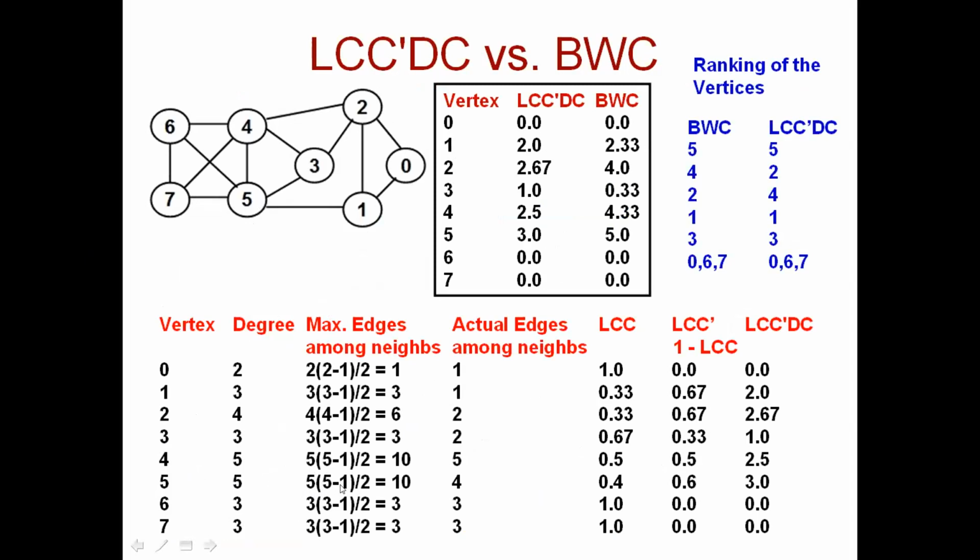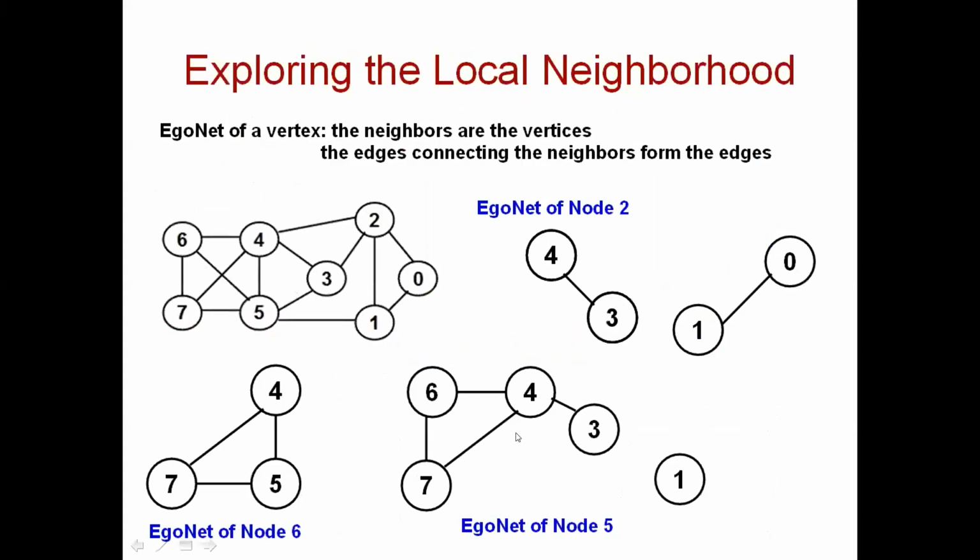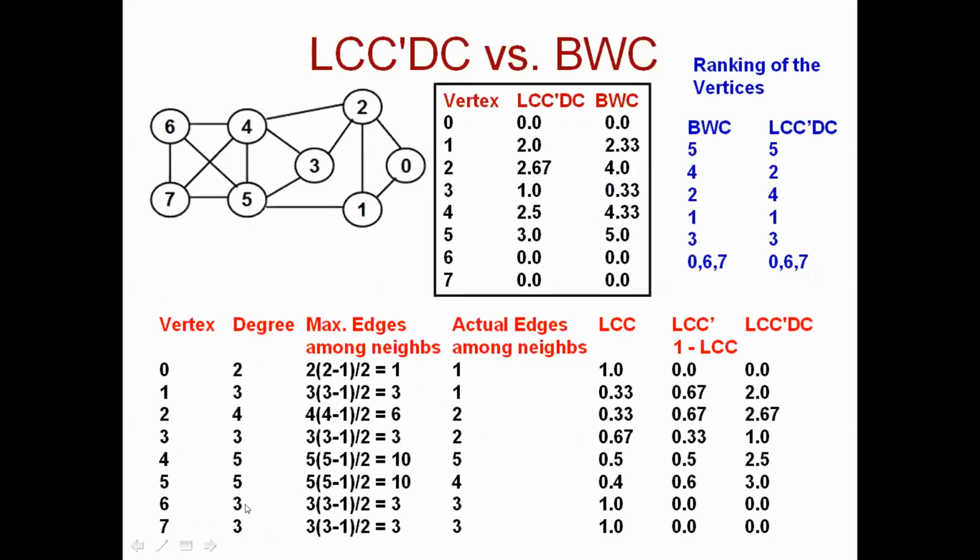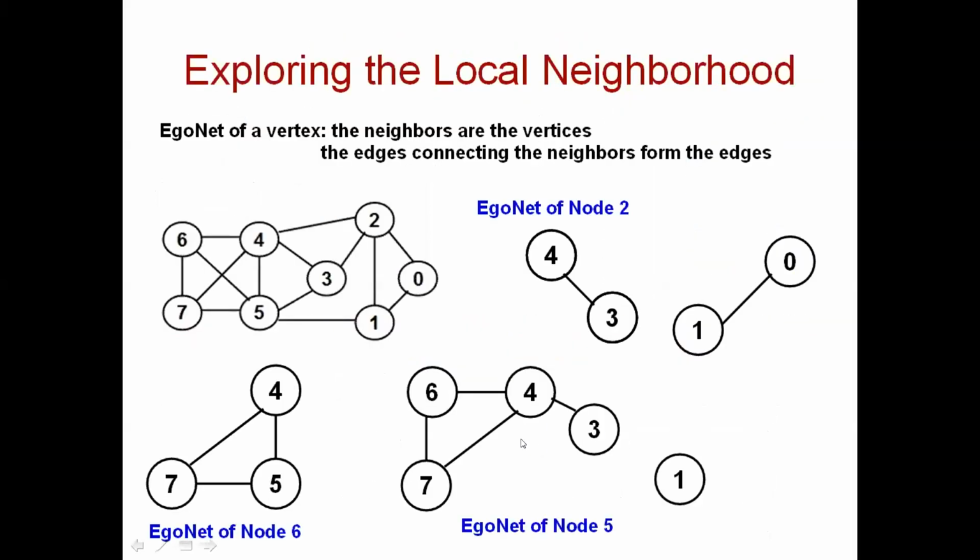So this is basically like if you have n vertices, the number of edges you need to connect the n vertices pairwise is n times n minus 1 over 2. But when we saw the ego net here for node 5, we don't see that many edges, 10 edges. We just have these edges. So this is the actual number of edges, and this is the maximum possible number of edges connecting any two of the neighbors of node 5.